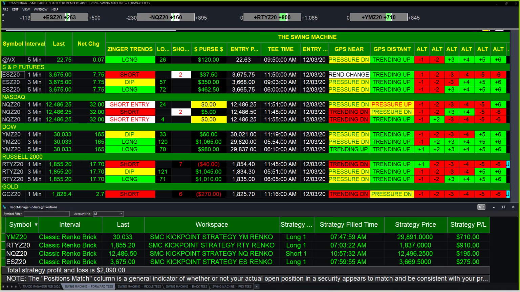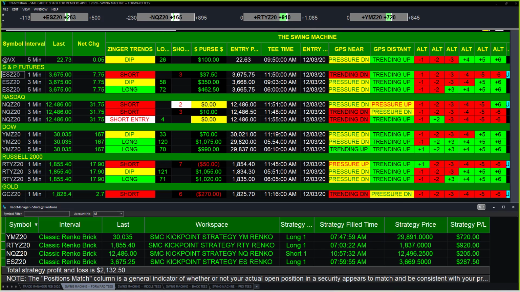Can't get much more precise than that. And then it gives you the strategy price, and it tells you what the strategy PL is. The positions that are up top, for the most part, match exactly what that kick point strategy is doing, because that's what we're focused on this week, and that is what we're running.